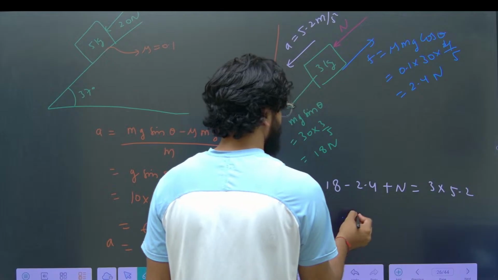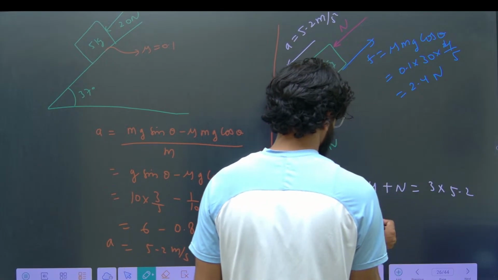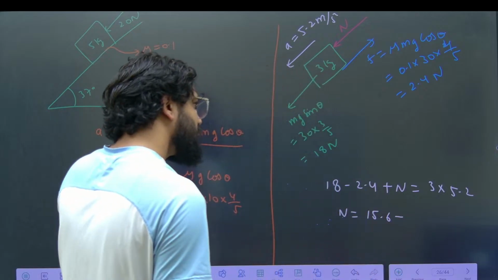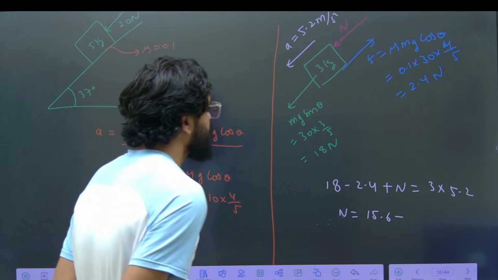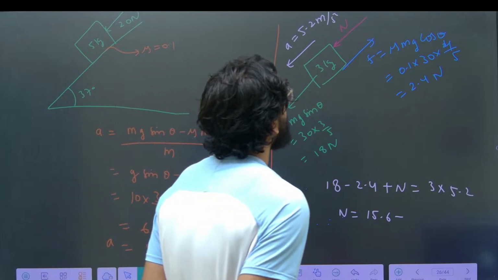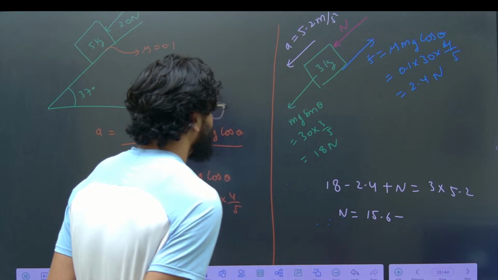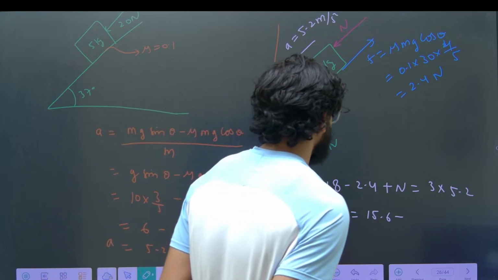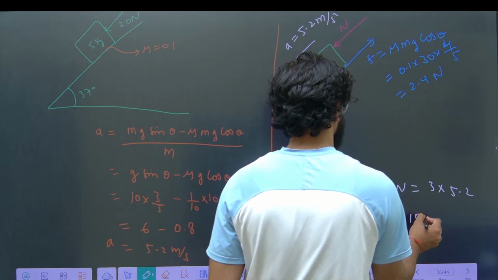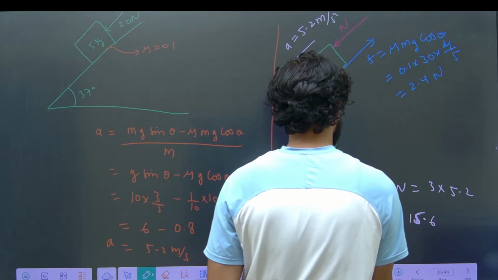So n will be 15.6 minus... I did almost everything correct. It's 15.6, right? Okay, that's great. N is coming as 0.